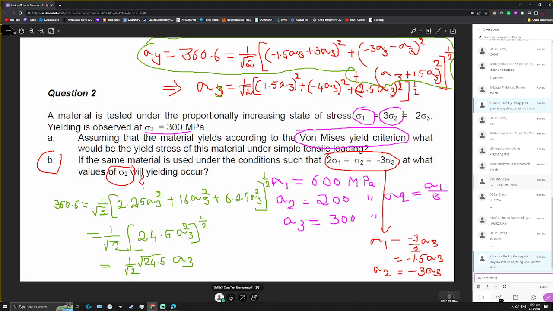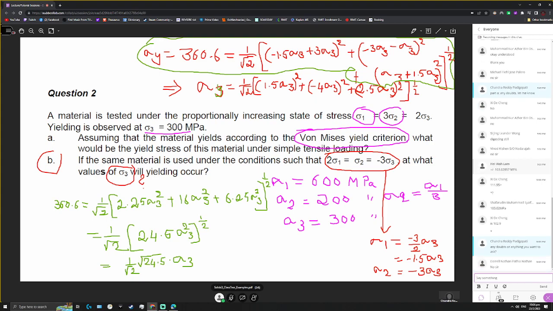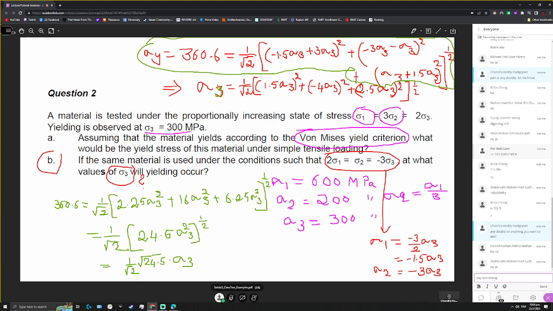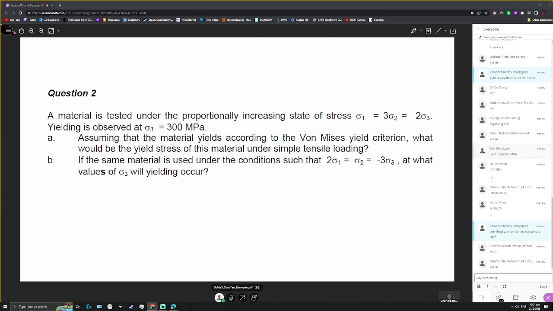Anyone, any questions, any doubts, let me know. All right, Daryl says no. How about others? Then shall I clear all this? Safaruddin says no. I clear everything now.